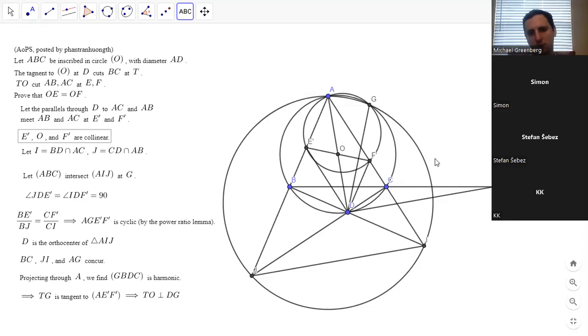Actually, we just project through A. That's how we prove that AG is parallel to E prime F prime. Oh yeah, that's right.